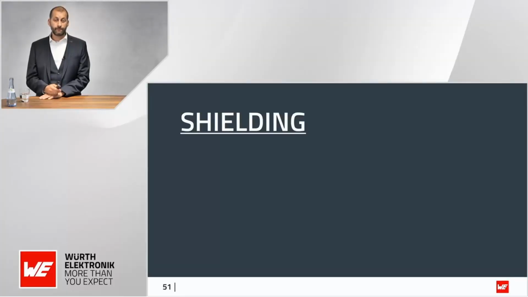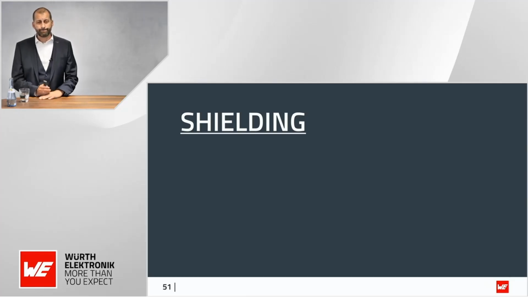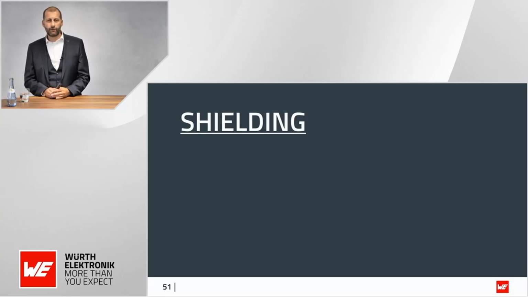The next thing, and the last thing in this case, is shielding. Shielding is the last effort to pass the EMC test. If you plan it beforehand, you will of course reduce the chances that you are going to fail the EMC test. Shielding, however, is not going to make all the problems go away.